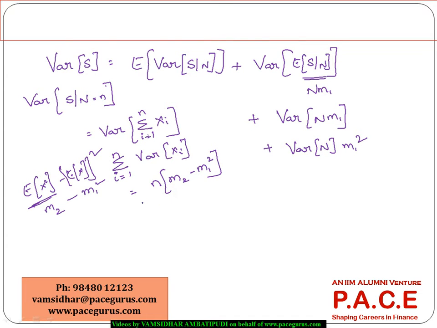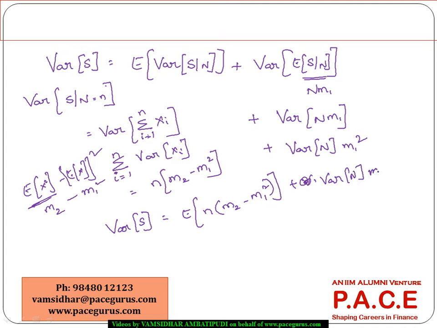So obviously now this entire thing is becoming variance of S. If I go back and write it, it is becoming expected value of N times m2 minus m1 squared plus variance of N times m1 squared.